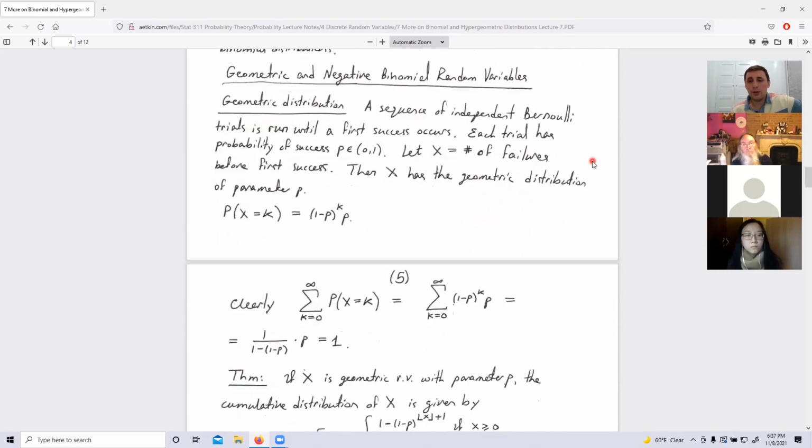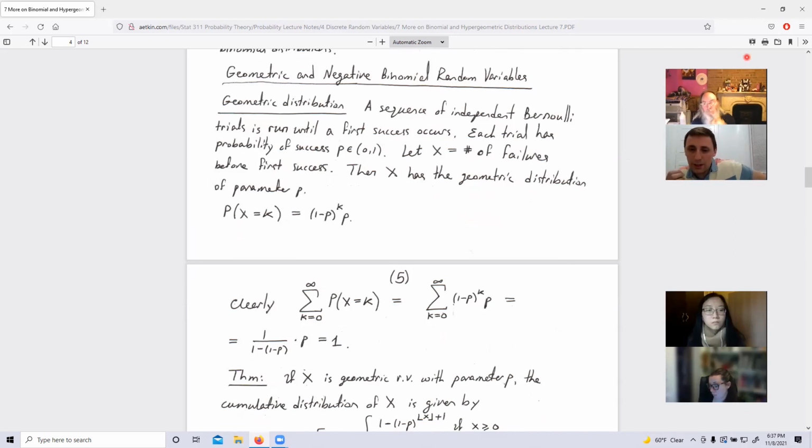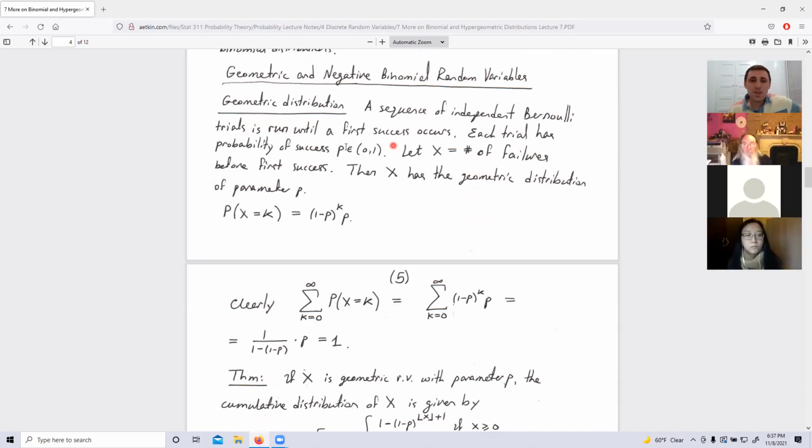So now we can move to geometric and negative binomial random variables. So let's begin with geometric. You see, that's the confusing part. There is hypergeometric and a negative binomial and onwards. So what do we have here? So geometric is this, guys.